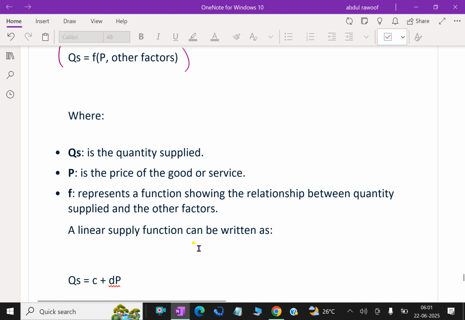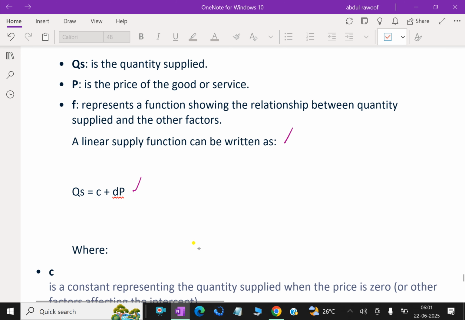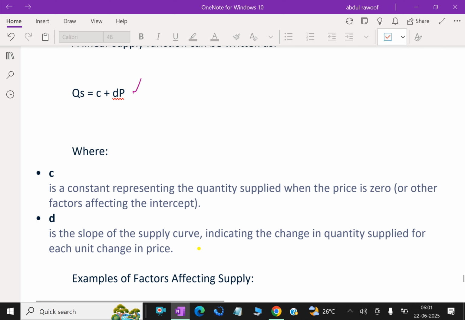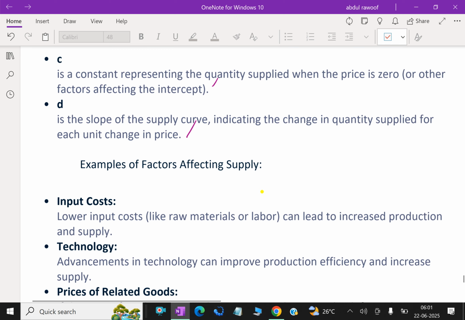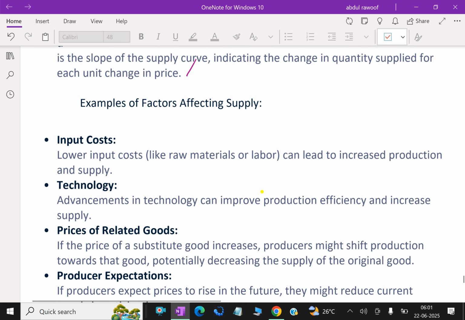A linear supply function can be written as Qs equals C plus dP, where C is a constant, representing the quantity supplied when the price is zero, or other factors affecting the intercept. What is d here? d is the slope of the supply curve, indicating the change in quantity supplied for each unit change in price. This is the slope.